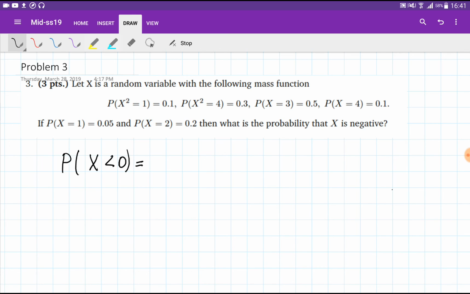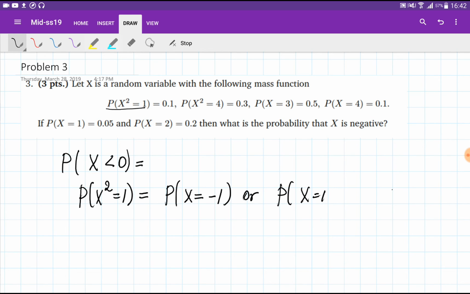In this case, I see that the probability of x squared equal to 1 means the probability of x equal to minus 1, or the probability of x equal to 1, right? We're given that the probability of x squared equal to 1 is 0.1. Since the probability of x equal to 1 is 0.05, this should also be 0.05.